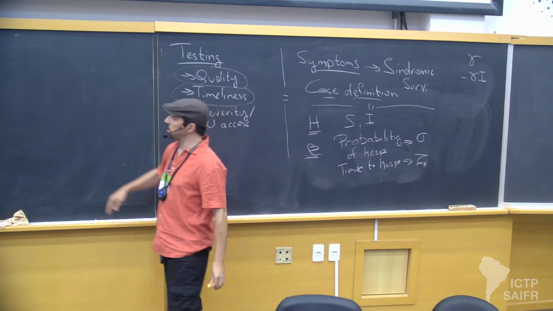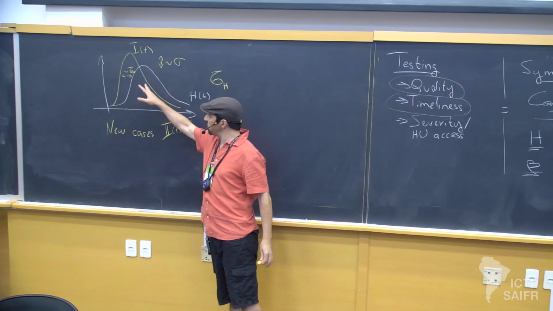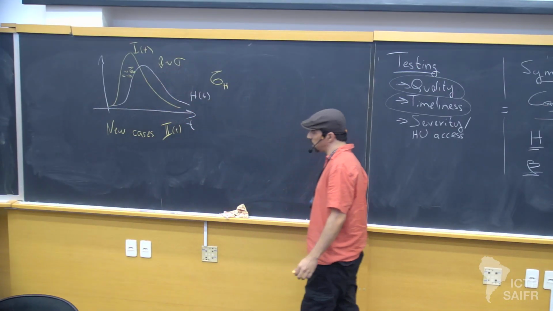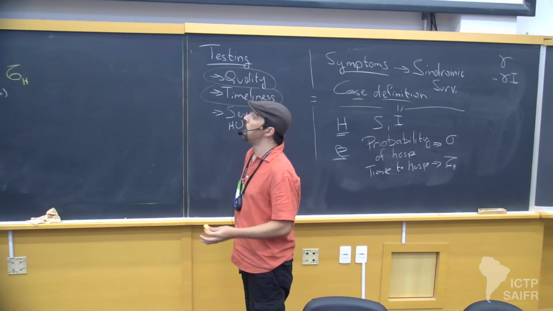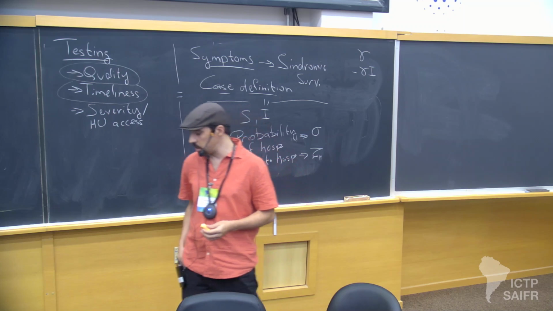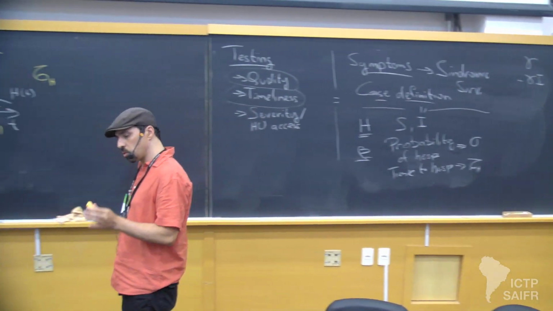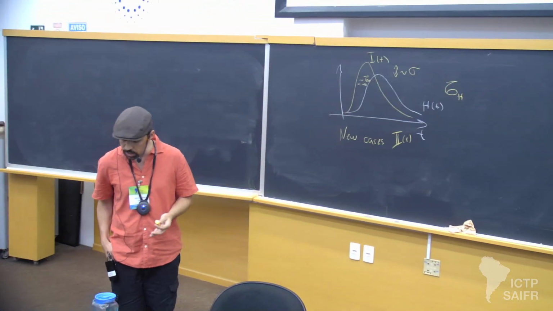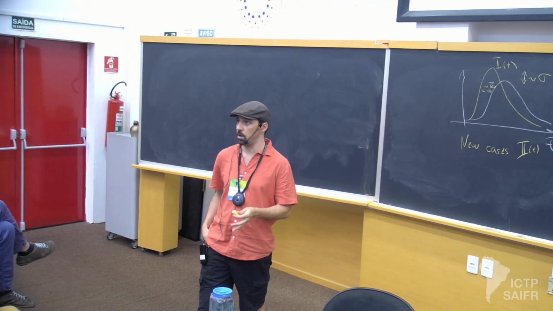But if the time scale is sufficiently close and the percentage of hospitalized cases is not extremely low, I can use a surveillance system based on hospitalized cases to identify the current situation, the current scenario in a given place.